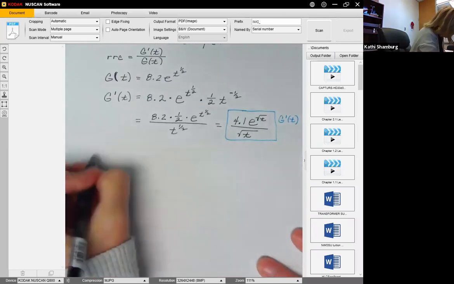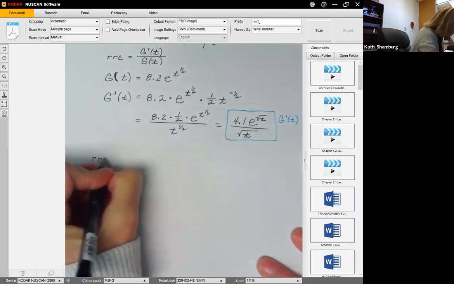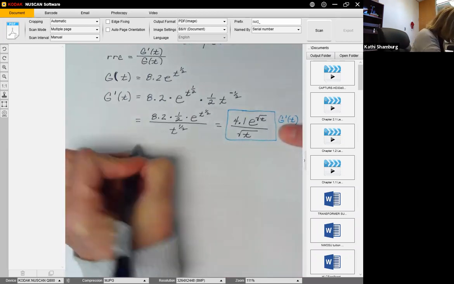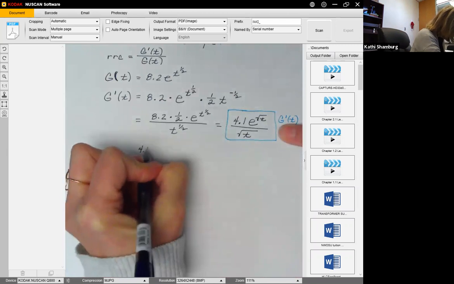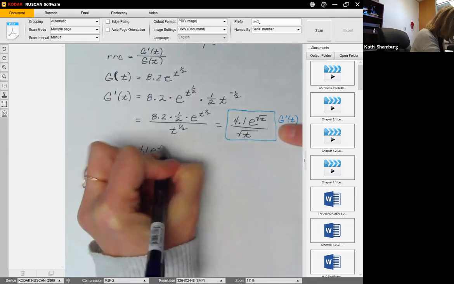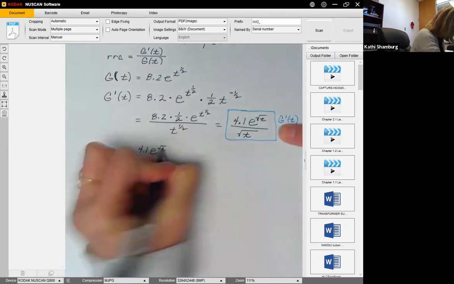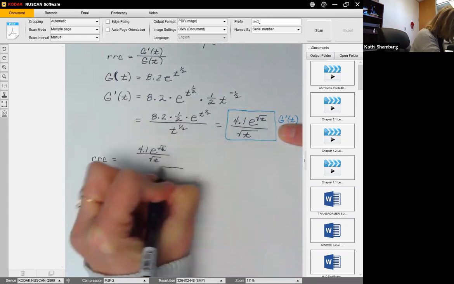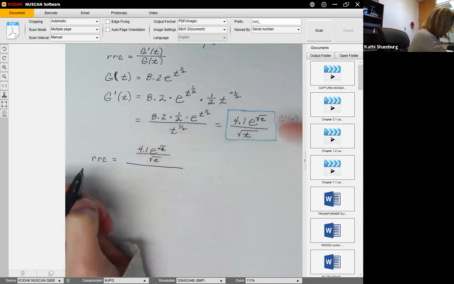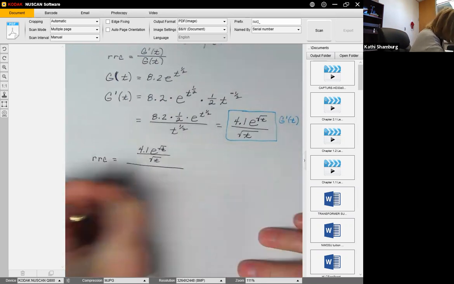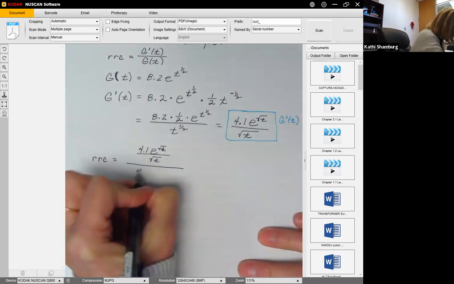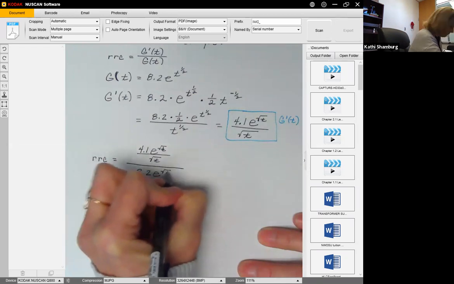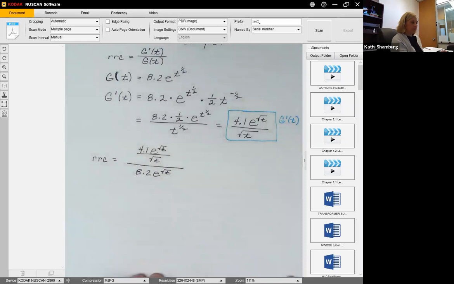All right, so now we're going to find the RRC, which is the first derivative, all of that over the original function. Okay.